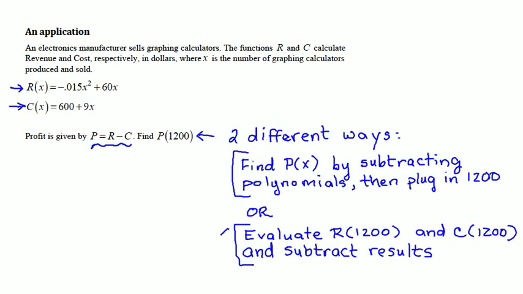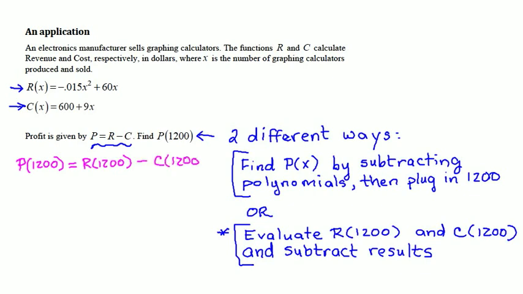I'm going to choose this second approach, and the reason is because we don't need the polynomial P of x if all we're asked to find is P of 1200. So this second approach is going to be a little bit simpler, and we're going to use the basic model. P of 1200 is equal to R of 1200 minus C of 1200.